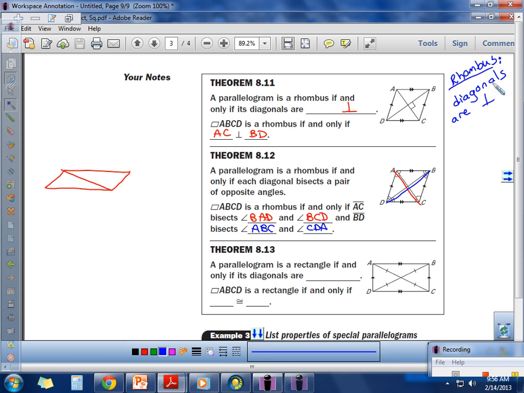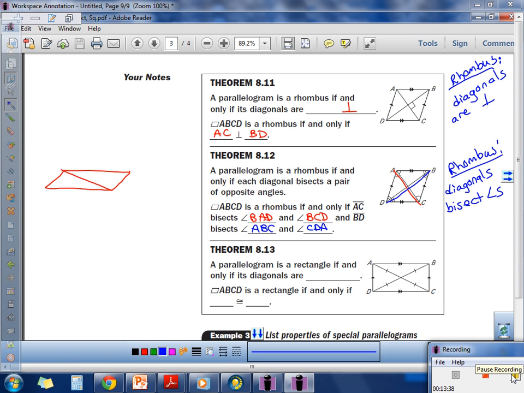What's the statement for the next one? What are the diagonals doing? Bisecting angles. So on a rhombus, the diagonals bisect angles. So those are our shortened little properties.